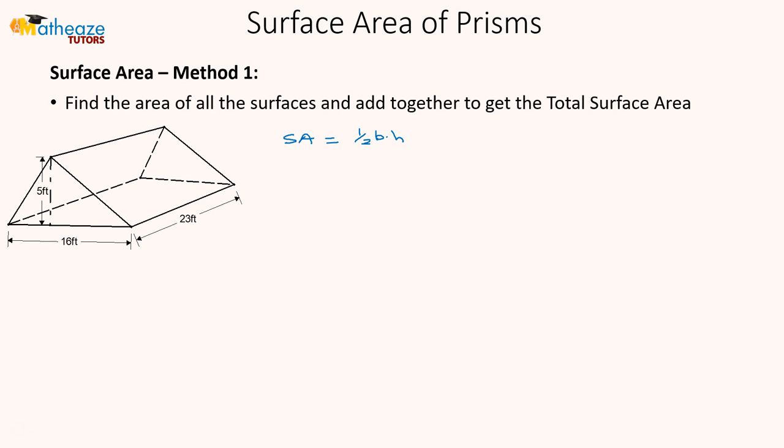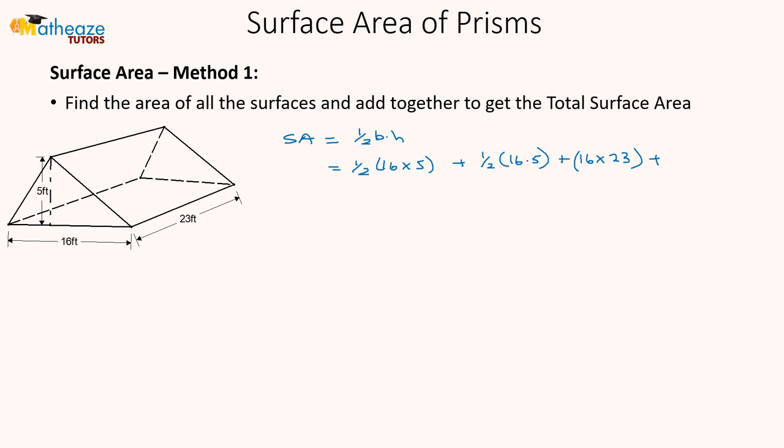So it's going to be 1/2 of 16 times 5 plus the opposite surface as well, 1/2 times 16 times 5. Now the bottom surface right there is 16 times 23.